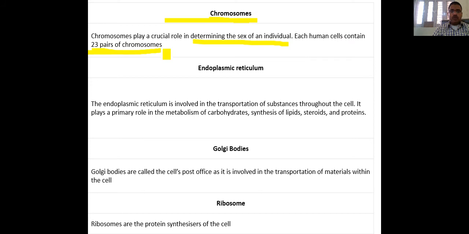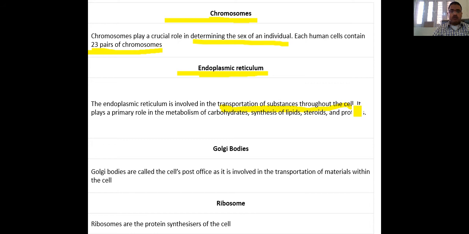Now this part is very important. Endoplasmic reticulum. The endoplasmic reticulum is involved in the transportation of substances throughout the cell. Whenever we eat, the selective substances required for the growth and development of living organisms are transported by the endoplasmic reticulum.